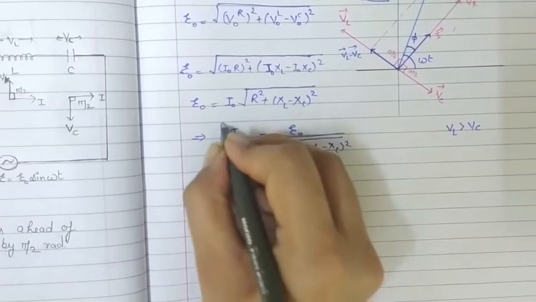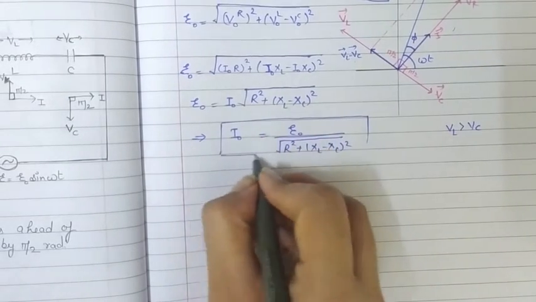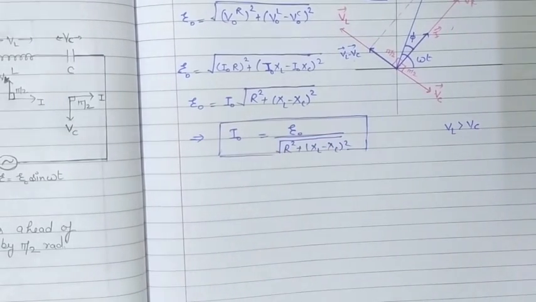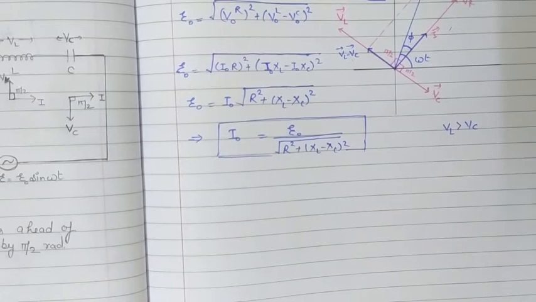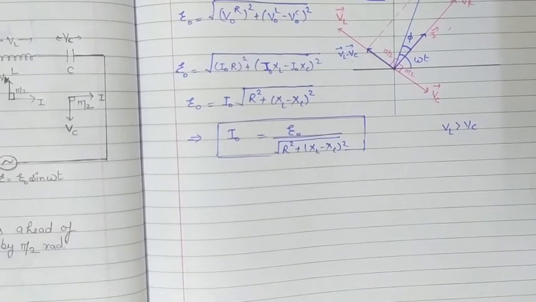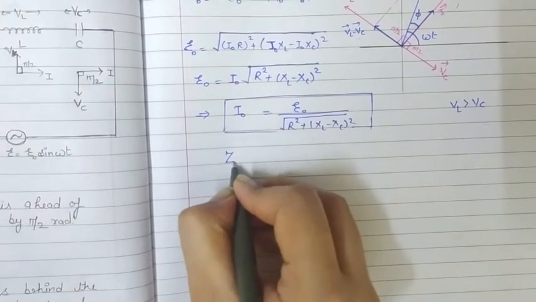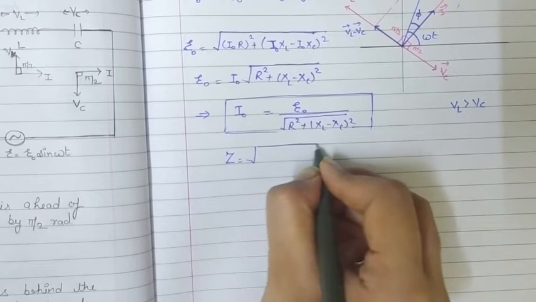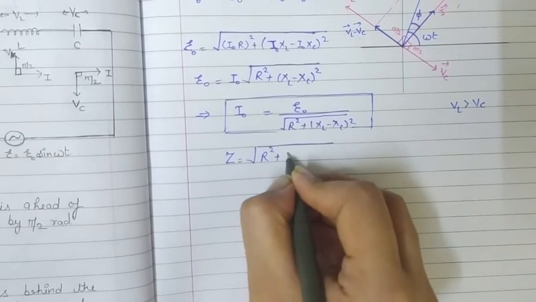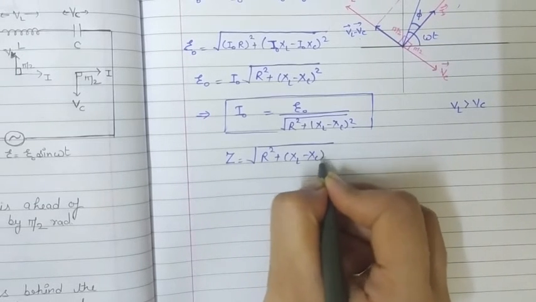Now from this equation we can conclude that the denominator works as an effective resistance, so we call it impedance. The opposition that is offered by the LCR circuit to the flow of AC is the impedance Z, which is equal to under root R square plus XL minus XC whole square.